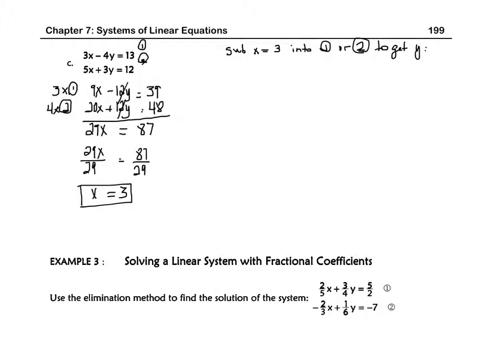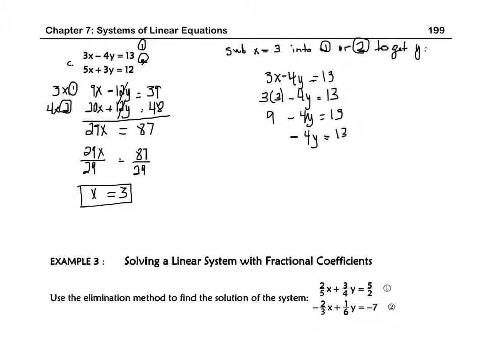So I'm just going to again pick the first one, 3x minus 4y equals 13. So that means 3 times 3 minus 4y equals 13. So 9 minus 4y is 13. And then isolate your y.